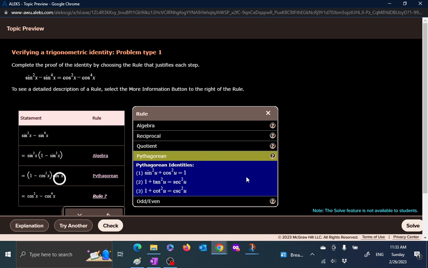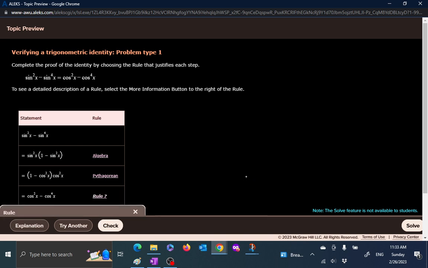Now from this third line to the fourth line, what has happened? All that has happened is that we have just multiplied. Cosine squared times 1 is cosine squared, times another cosine squared is cosine to the power of 4. So that is just algebra again.